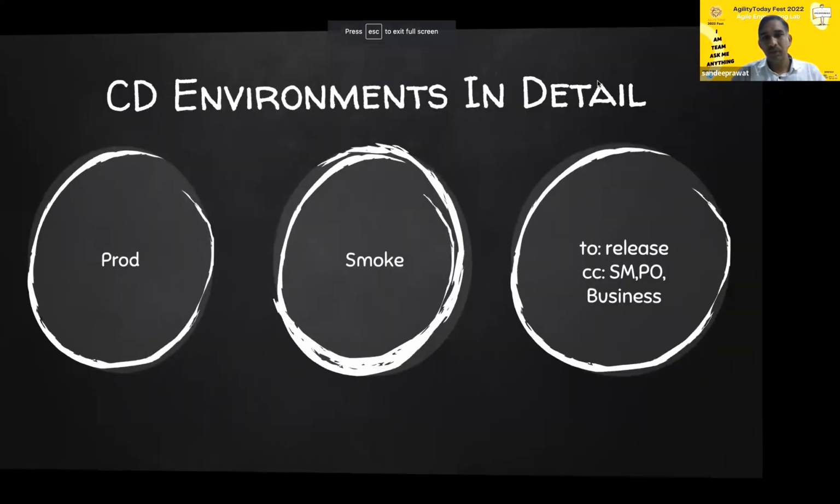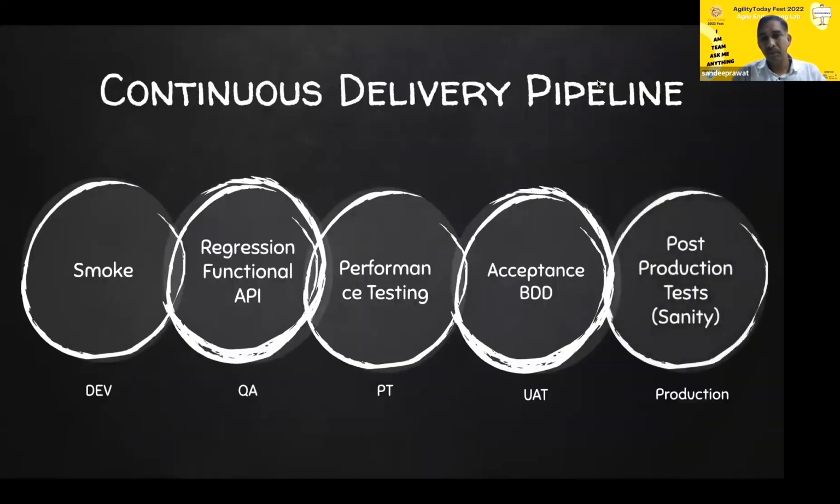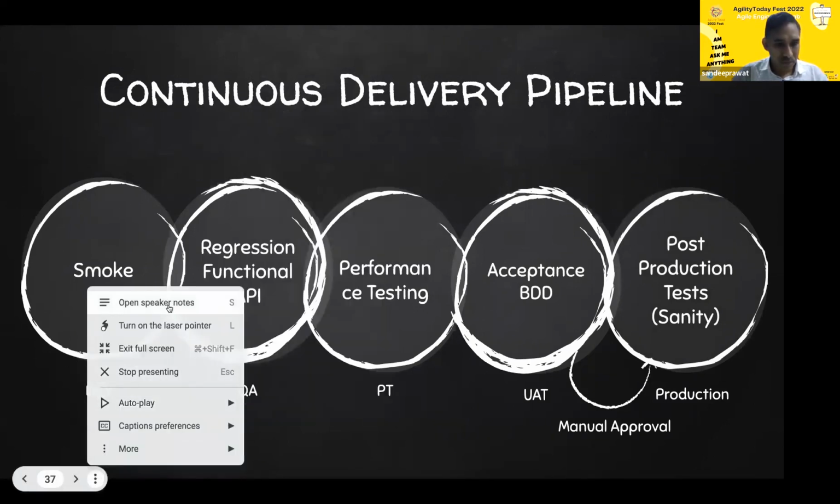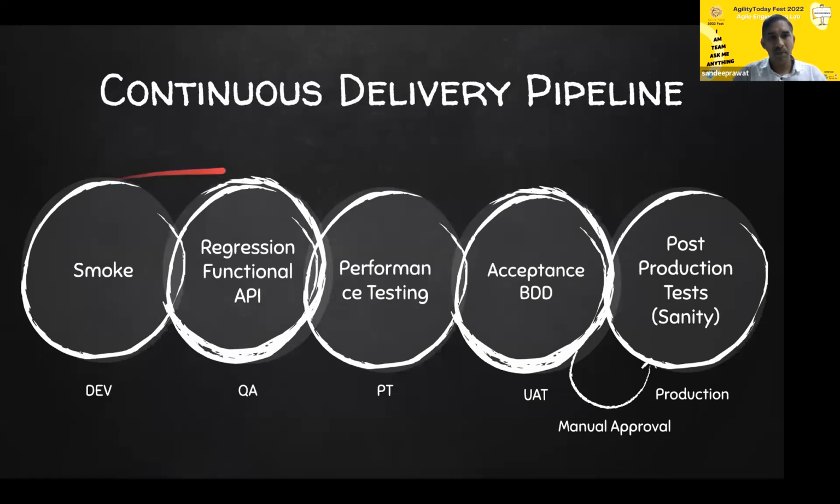Yes, in continuous delivery, you are saying after UAT, there should be manual approval, right? Yes, right. We run our test cases manually. Let's say we have some high level business scenarios, and we run them with business. And then we say, okay, we are good to go for production, correct?